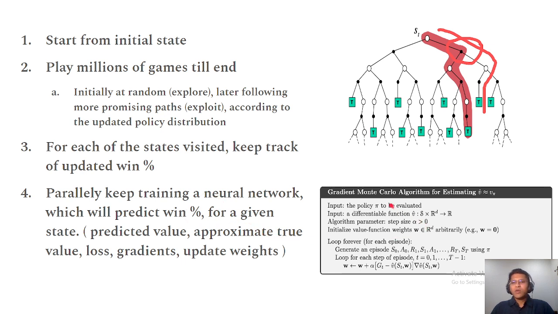That is one efficient way, and out of this you get a trained neural network model which can play a decent chess game. So this is the textbook algorithm. We have a standard textbook for reinforcement learning, and this is the algorithm mentioned in the textbook.